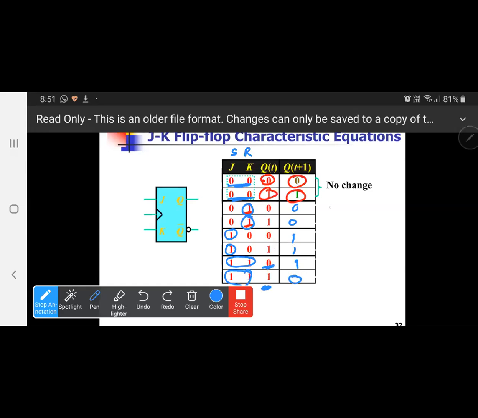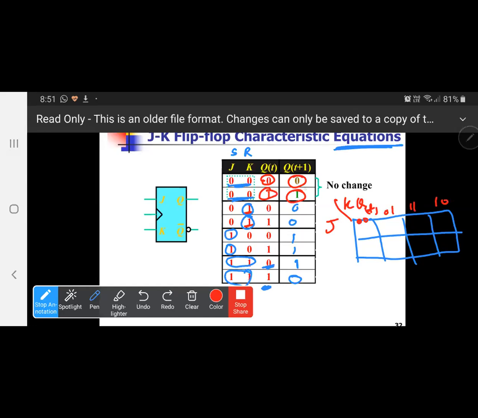Now for the equation, you need to draw the K-map, with cells at 1, 1, 4, 5, and 6.